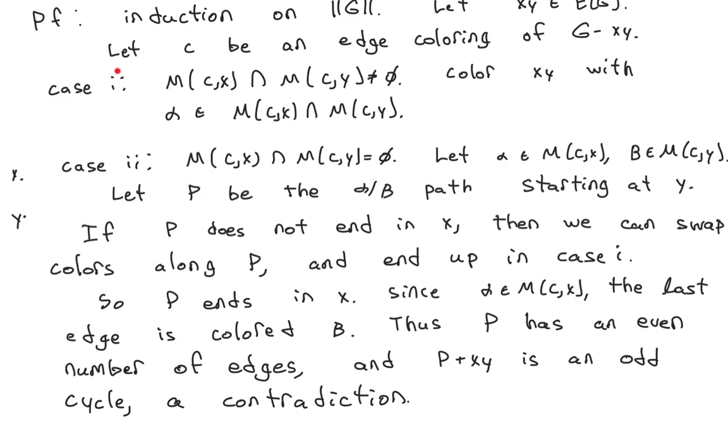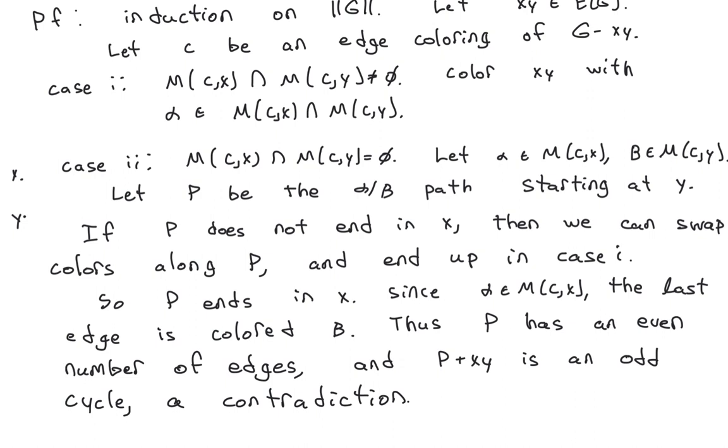So our first case is that there's a color that is missing at both x and y. Well, if that color is missing at both x and y, that means that no edge incident to x or y has that color. So then you just apply that color to the edge xy, and we know that you're still going to get a proper coloring.